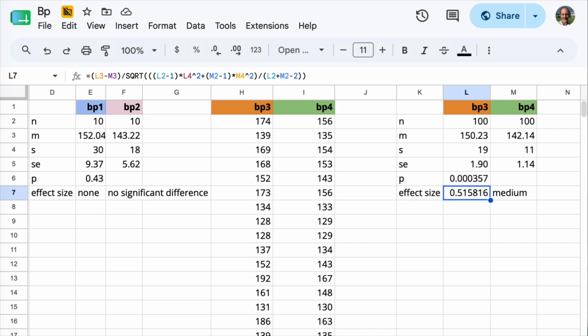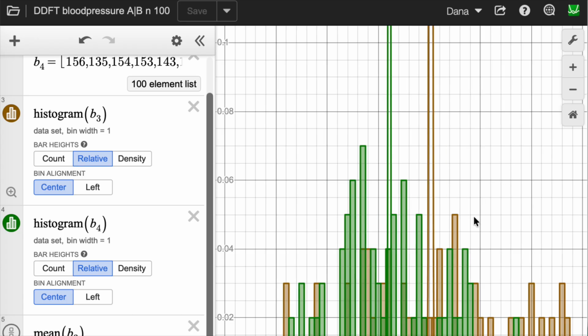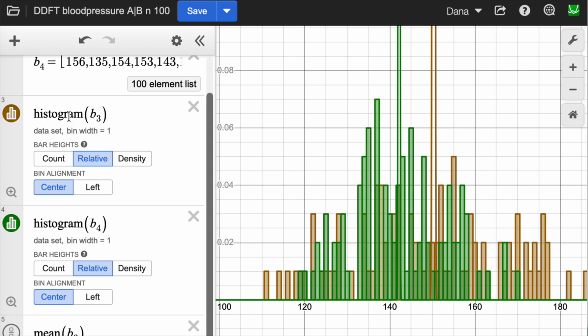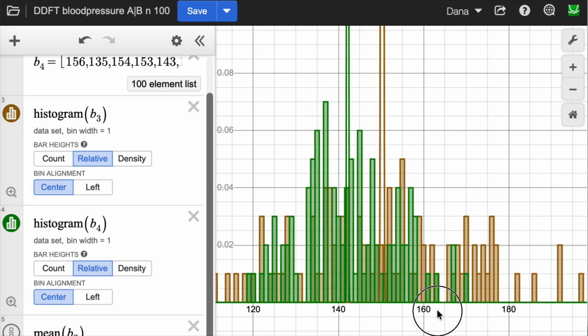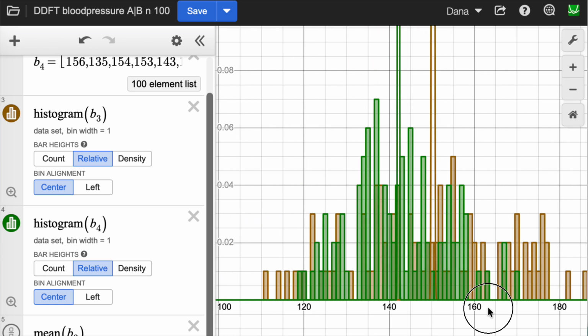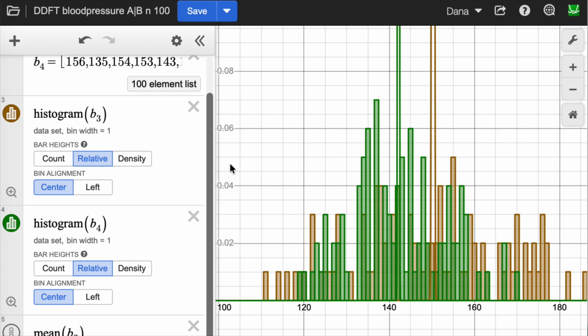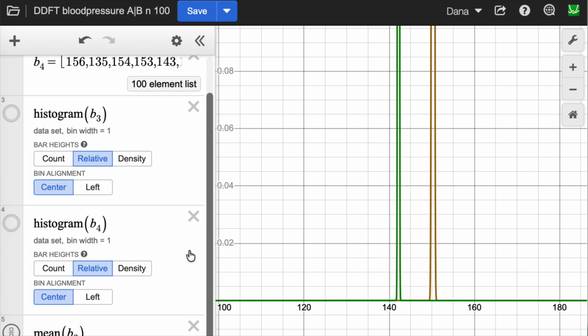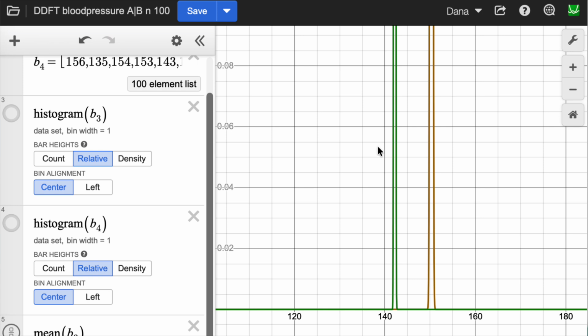So what does that look like back here? Well, here's the histogram. Let me bring that up on screen. You've still got this overlap between the green and the brown data, but notice there's a whole lot more data points. And that makes a huge difference. I'm going to turn off the histograms so you can see those two giant beams there.